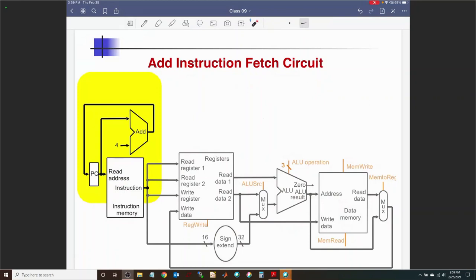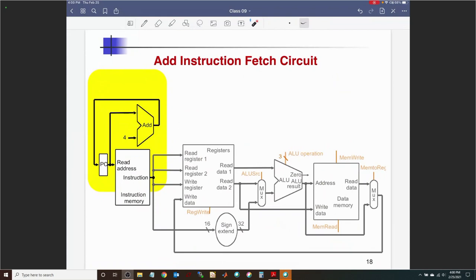So you provide me the address, I will tell you what is that instruction at that address. For the next cycle, PC will get added by 4 using an adder and then it gets updated. So that's your PC plus 4 computation, a separate add by 4, separate from ALU.